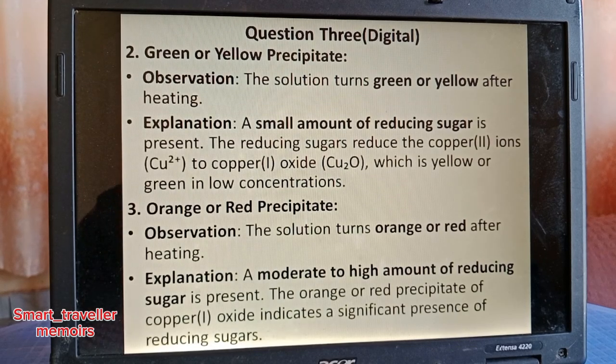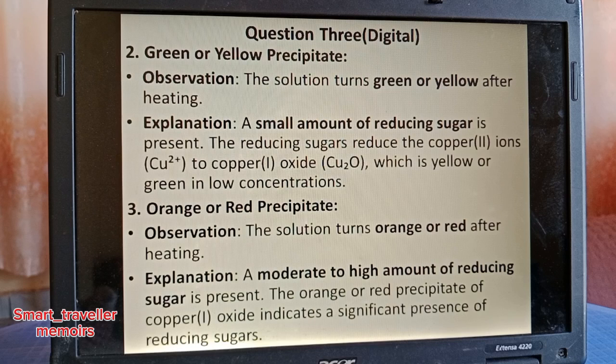Green or yellow precipitate. Observation: the solution turns green or yellow after heating. Explanation: a small amount of reducing sugar is present. The reducing sugars reduce the copper 2 ions to copper 1 oxide, which is yellow or green in low concentration.